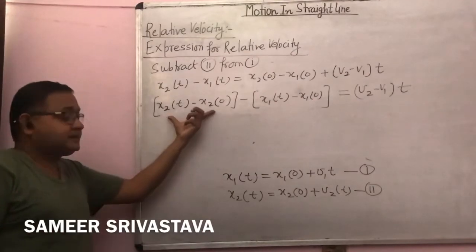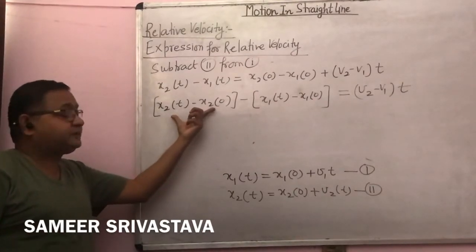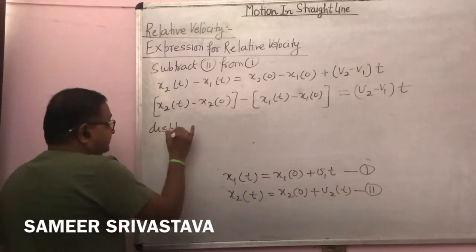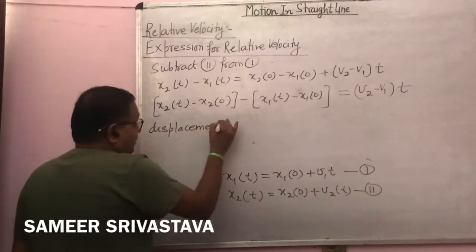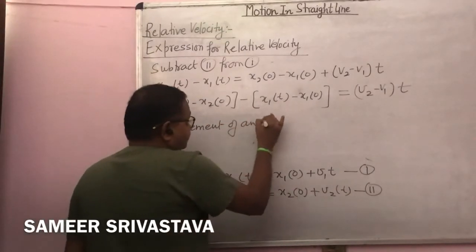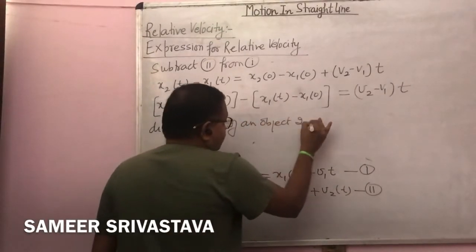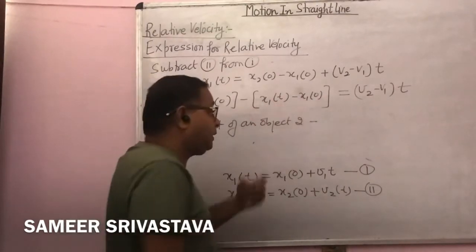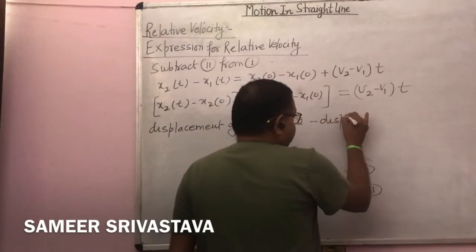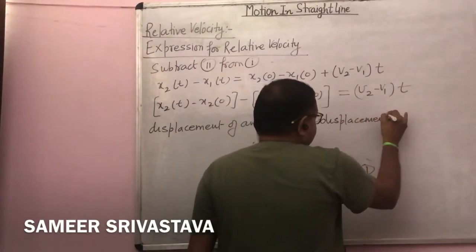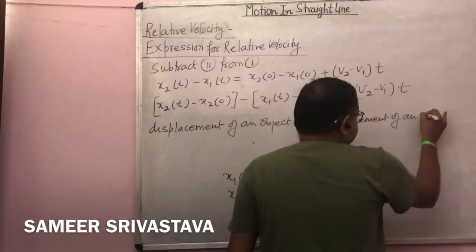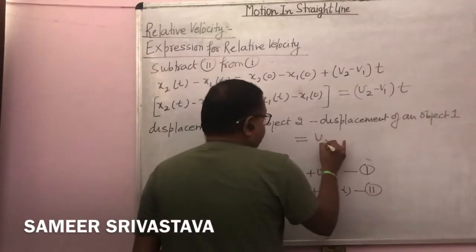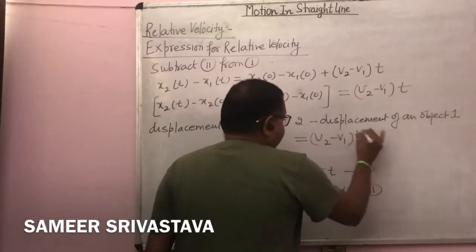And what is this? This is the displacement of object 2, minus the displacement of object 1, and overall it is equal to v2 minus v1 into t.